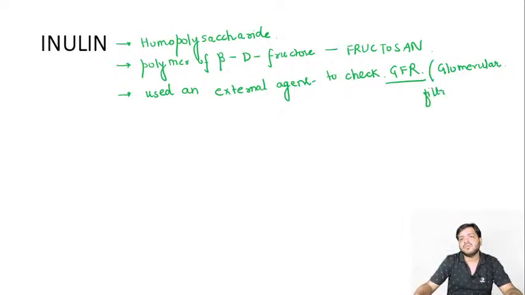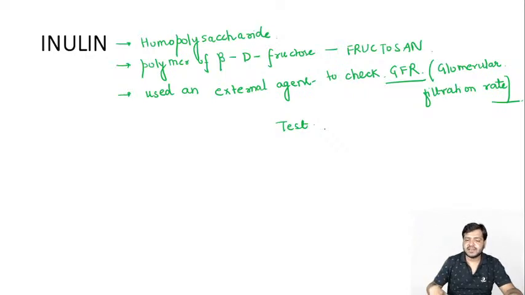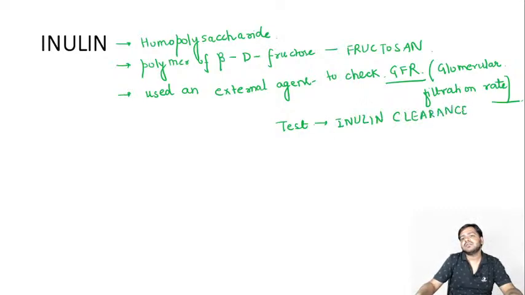The test used to check the functioning of the kidneys, whether the kidneys are functioning perfectly or not, whether all the blood is getting perfectly purified or not, is known as the inulin clearance test.